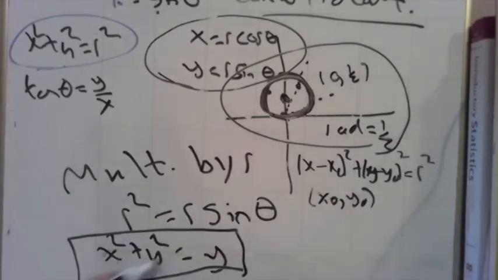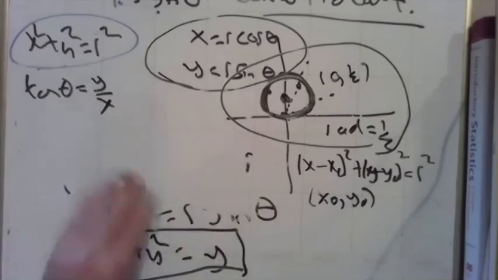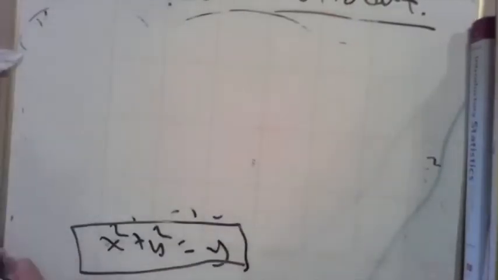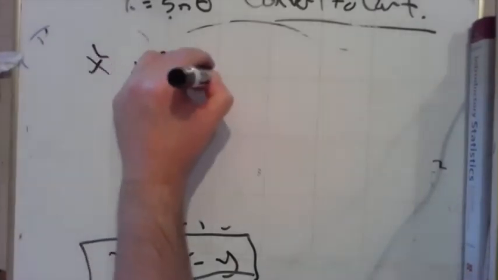I'm going to make this look like that by completing the square. Need a little extra space here. I'm just going to get rid of that. So I'm going to get everything on one side. x squared plus y squared minus y equals 0.